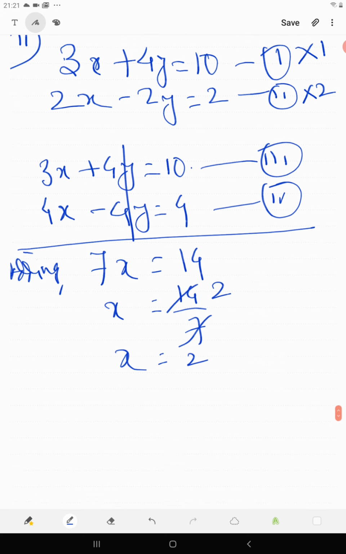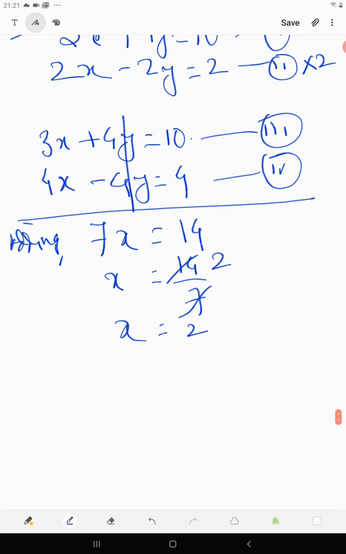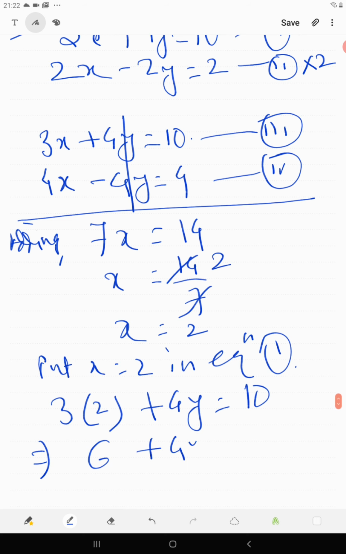Now put this x equals 2 in equation 2 or 1, any one you can put. So put x equals 2 in equation 1, suppose. Okay. Then 3 into 2 plus 4y equals 10. So this simplifies to 6 plus 4y equals 10.